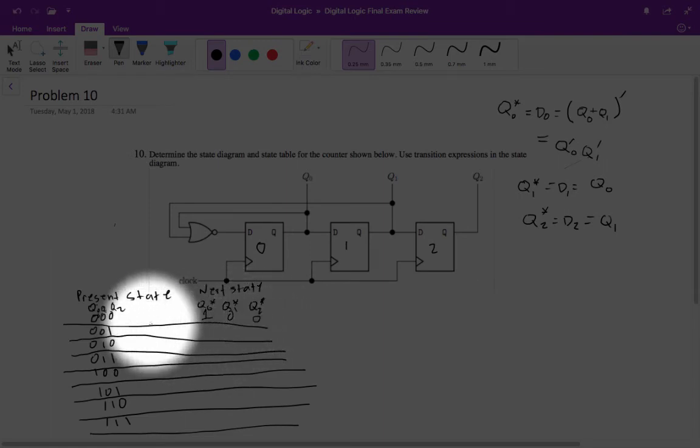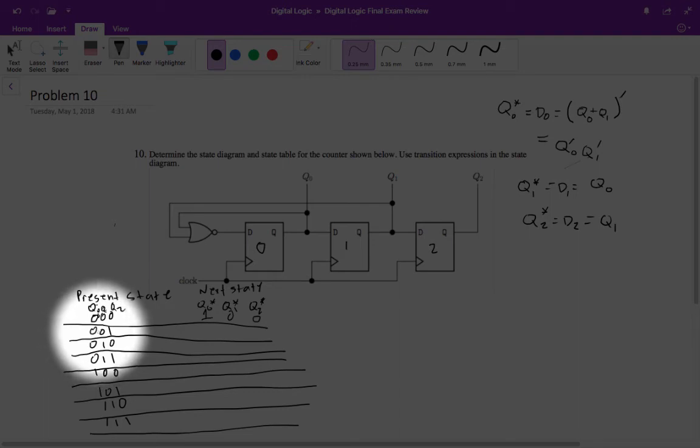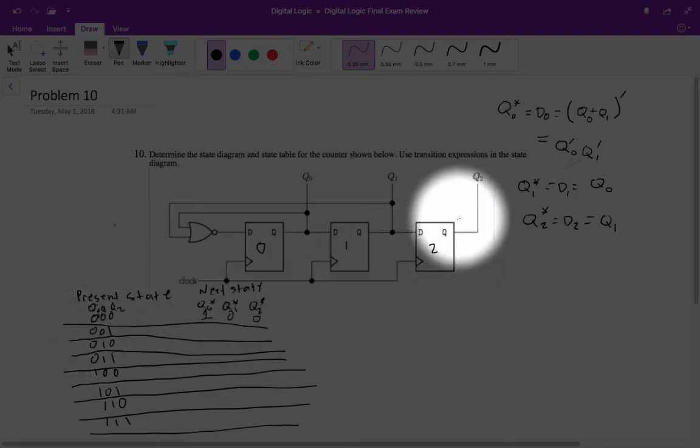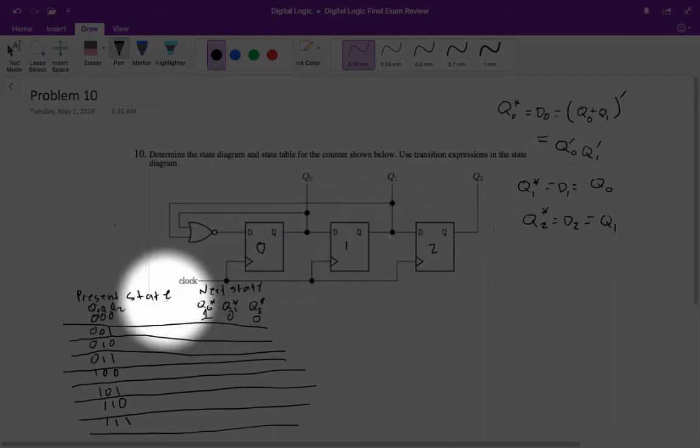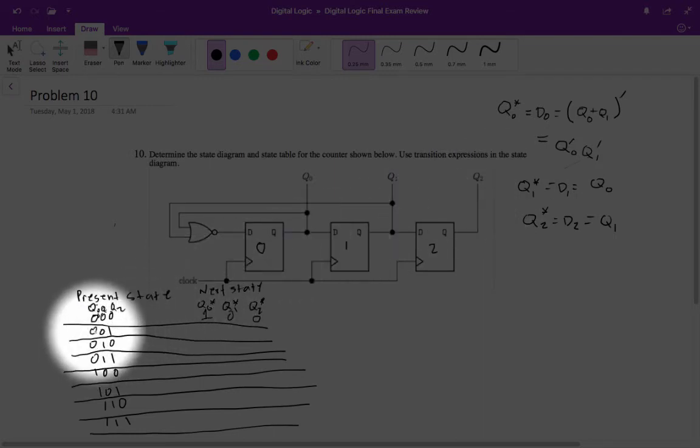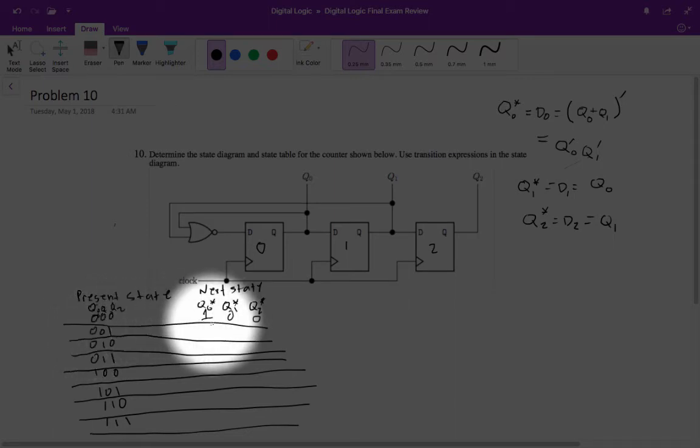Alright, so now if our present state is 0, 0, 1, Q0 star is the not of the OR of Q0 and Q1. So Q0 and Q1, that's 0 or 0, the not of that is 1, so we'll get 1. Q1 star is Q0, Q2 star is Q1.